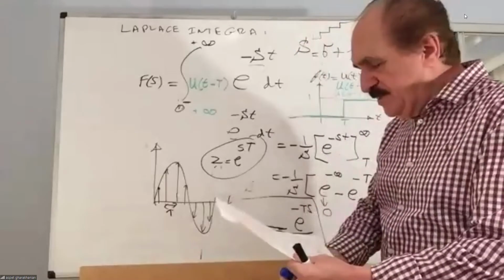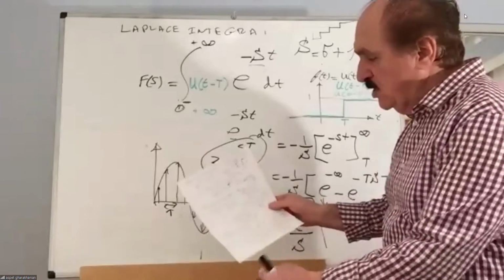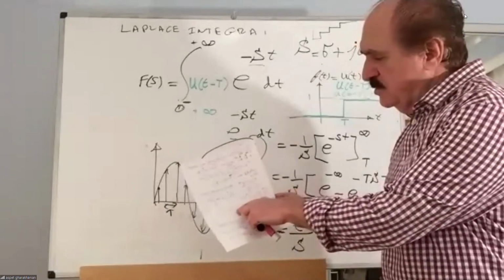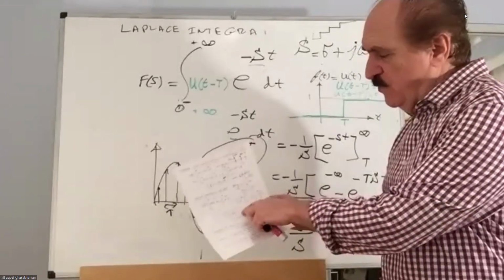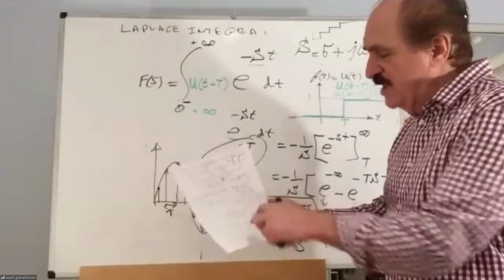You're welcome. I just showed you on page 2 how the Laplace of a step is 1 over s, and the Laplace of a delayed step is e to the minus ts over s.